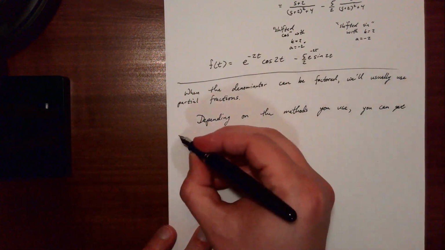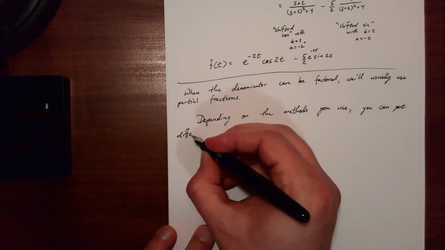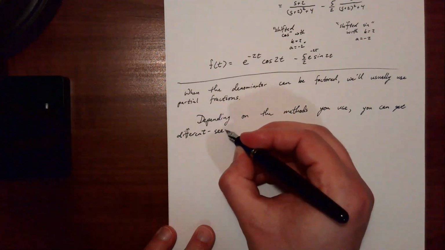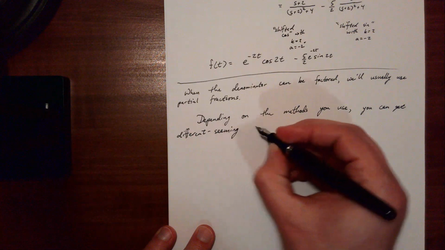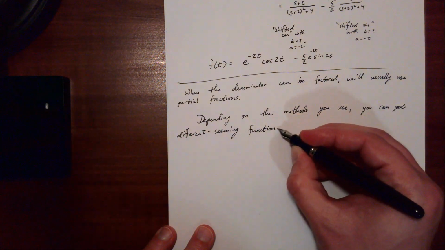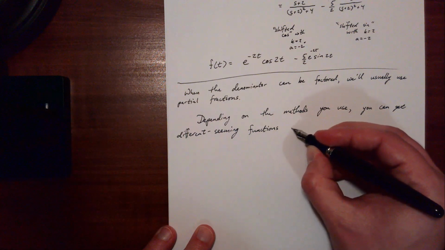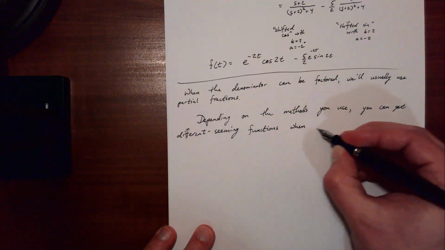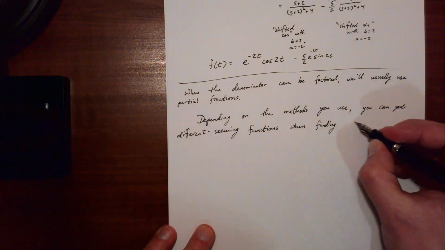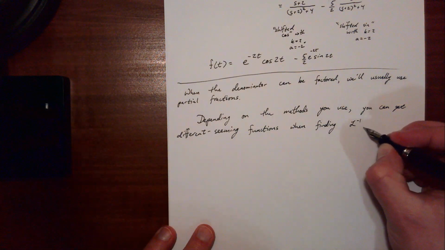You can get different seeming functions when finding the inverse Laplace transform.